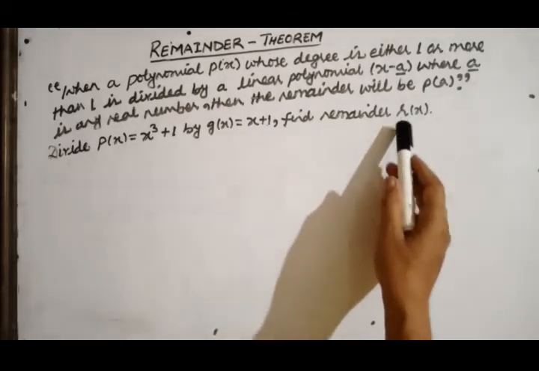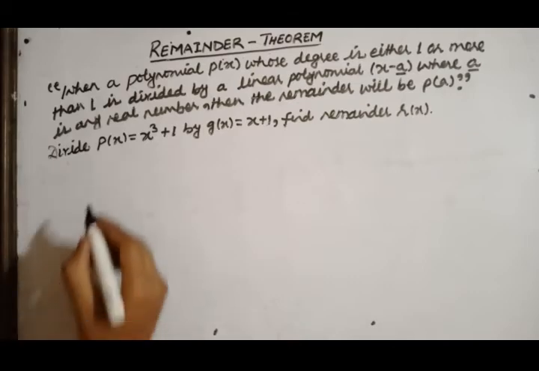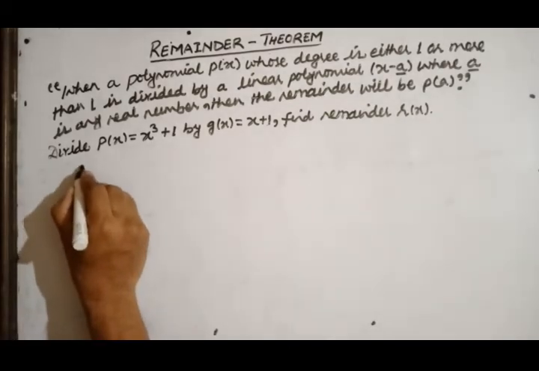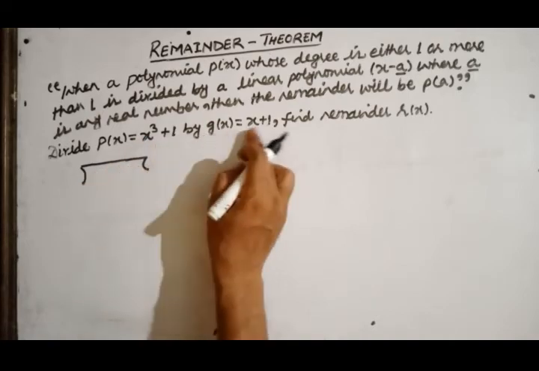So let's try to find this remainder using the long division method at first. According to that method, we have to divide this x cube plus 1 by x plus 1.